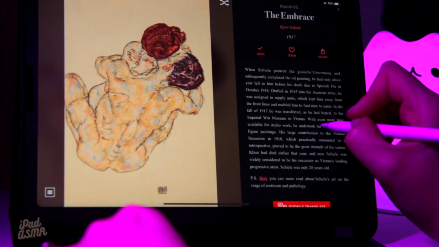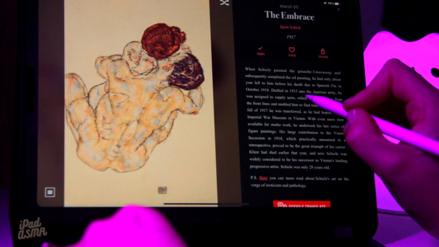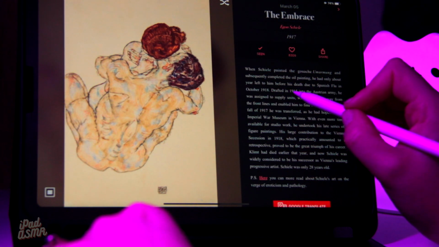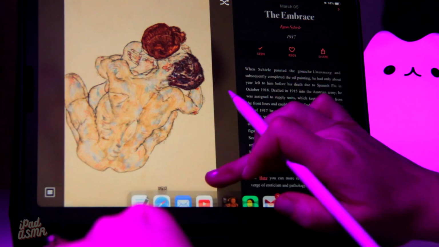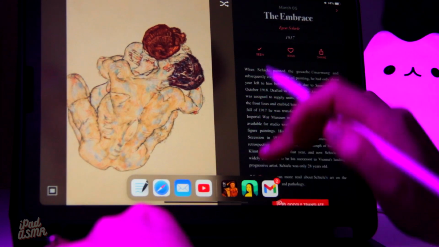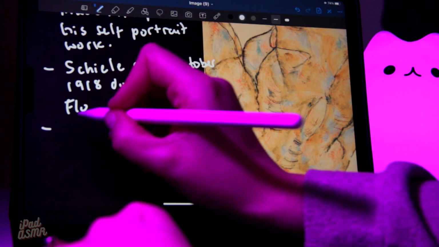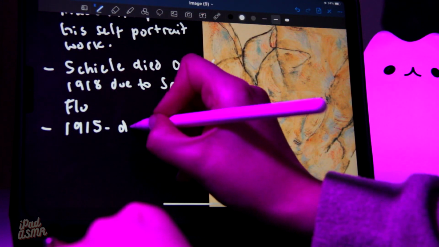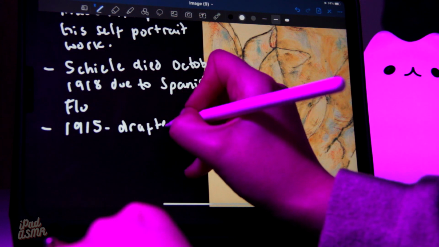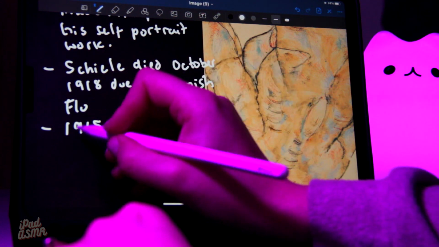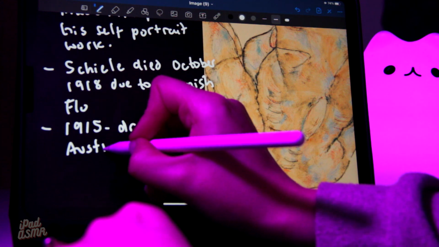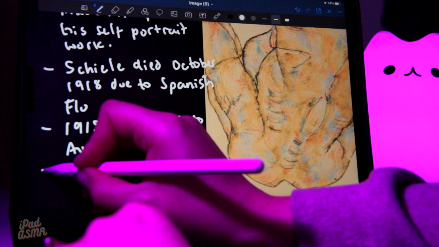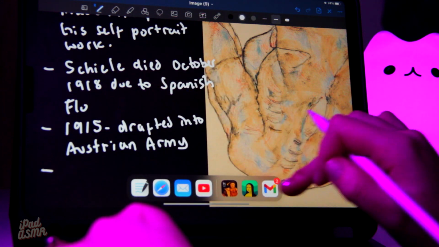So in 1915 he was drafted into the Austrian army. But then what happened?